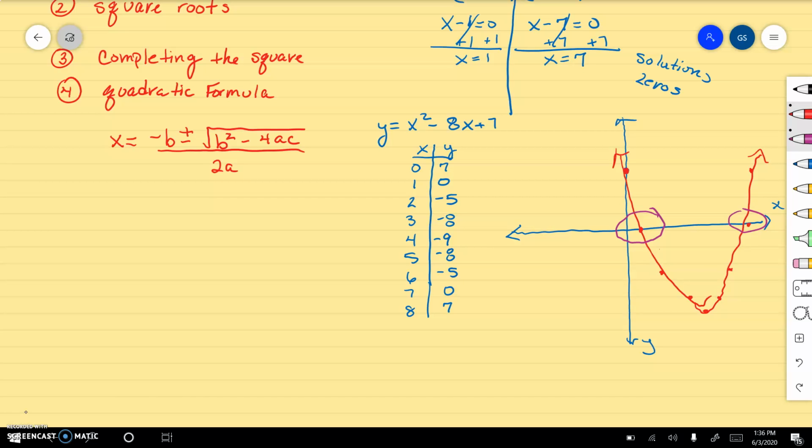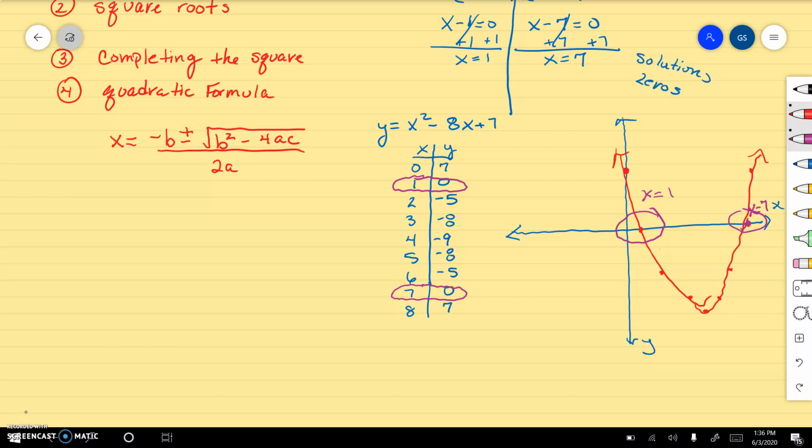So I'm just going to tell you this guy here was x equals 1. All right, and that comes from here. The x-intercept is when y equals 0. And so what would the other one be? Well, look, the x-intercept is when y equals 0. So that's x equals 7. Now with graph paper, we would have just counted over.